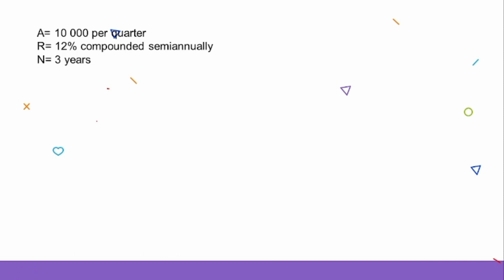How about if the payment is more frequent than the compounding? So, in this case, mas frequent ang payment kasi per quarter, so 4 times ang payment, and yung compounding is 2 times only. So, the same thing with our previous example, pareho lang na dapat mag-drive yung payment natin and yung compounding natin. And in this case, dapat quarterly.